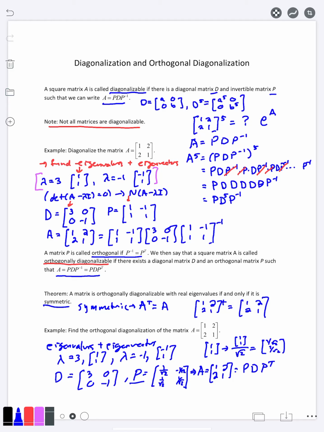So there's general diagonalization that works on a lot of matrices, but not all of them. And then there's this special version called orthogonal diagonalization that only works specifically on symmetric matrices, but it gives you a stronger property than the one we had in the first case, the regular diagonalization.